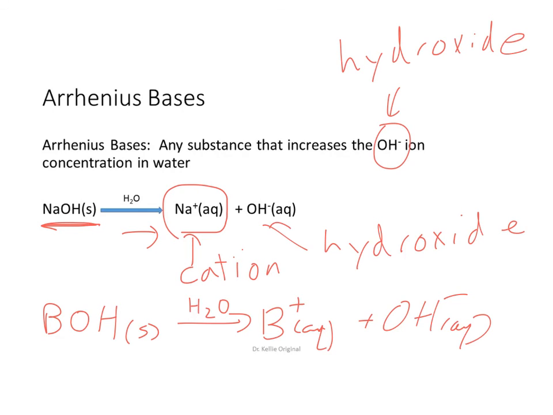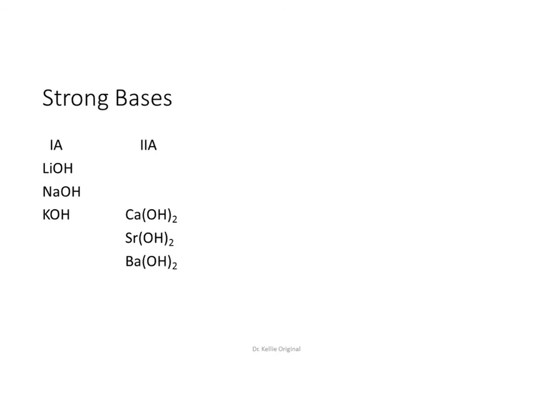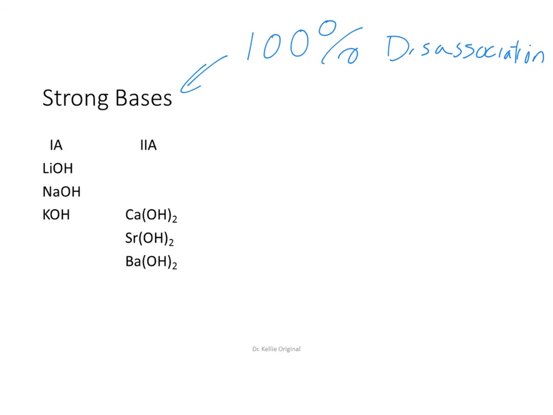There are only a few Arrhenius bases you need to be aware of. There are 6 strong Arrhenius bases. Just like strong acids, these strong bases dissociate 100% in water. They also form a pattern on the periodic chart.